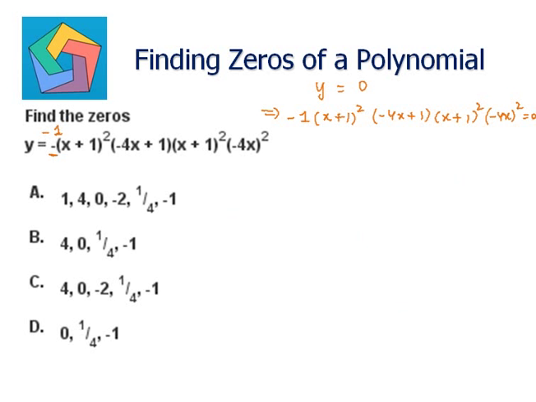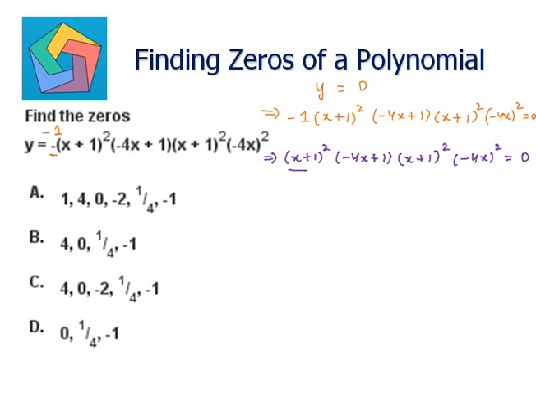Negative 1 is not 0. So this implies (x plus 1) whole square times (negative 4x plus 1) times (x plus 1) squared times negative 4x whole square is equal to 0.